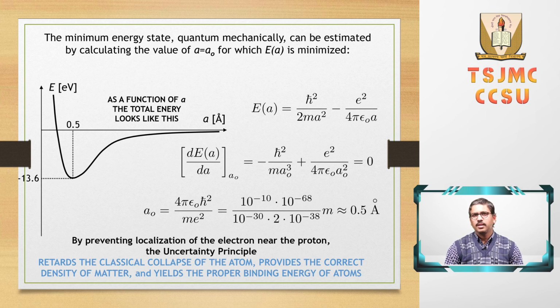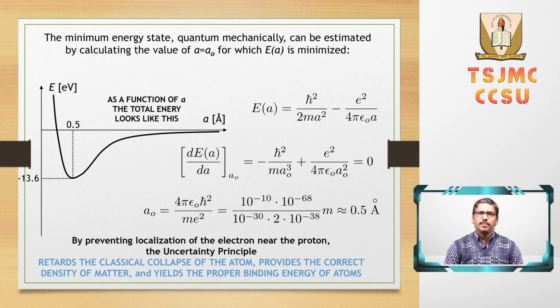Here a is the Bohr radius, the distance of the electron from the nucleus or proton. How can we calculate this? There is a simple procedure. At the Bohr radius, the energy should be in its minimum state.